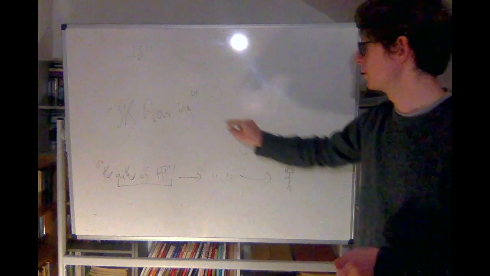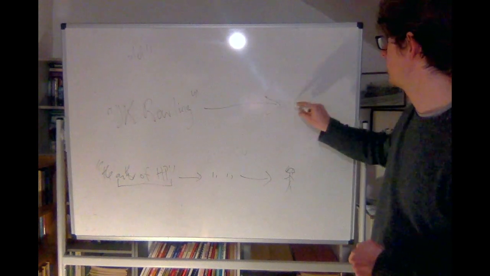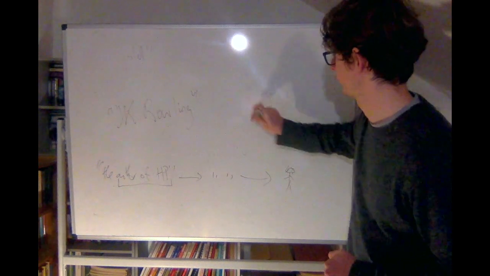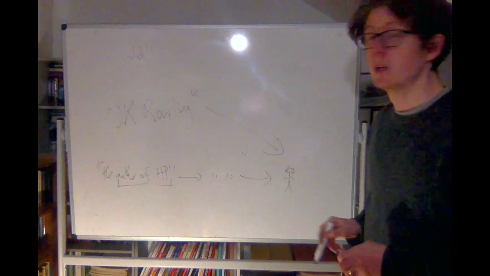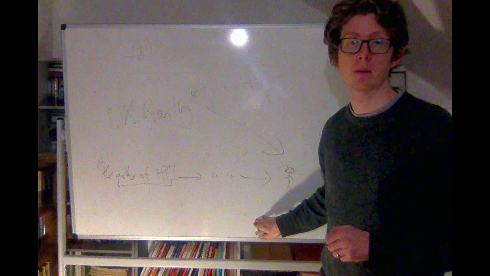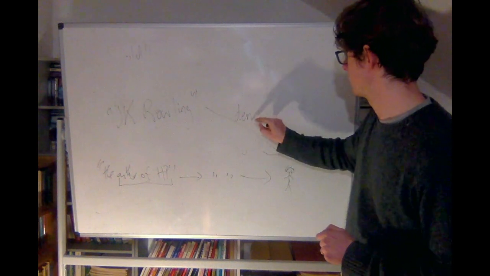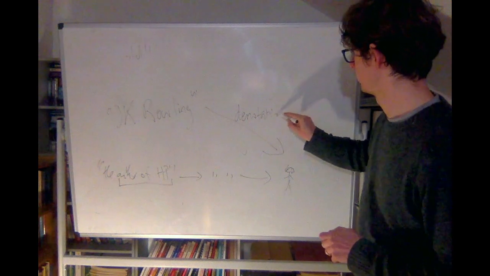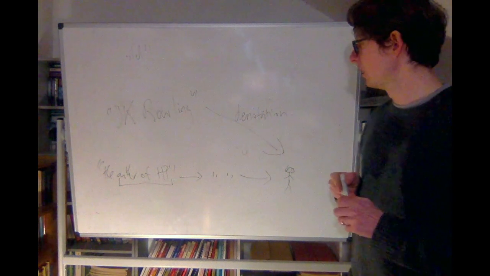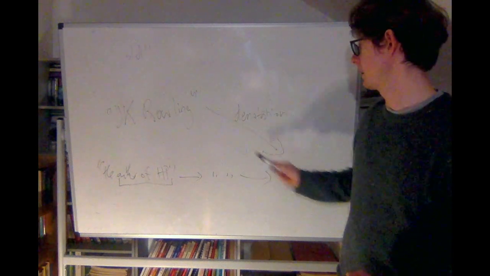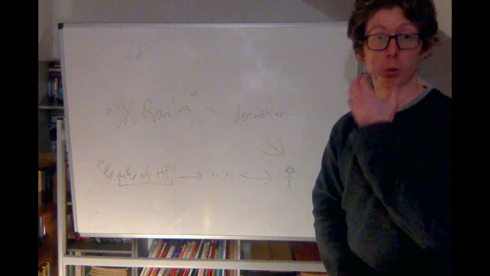For Mill, there's no connotation here. There's only denotation. In fact, actually, I'll just draw the arrow to the same person. So there's no middle step. There's no middle step of the connotation. There's only denotation. In other words, we don't, he thinks, use some sort of list of properties to identify who the word stands for.